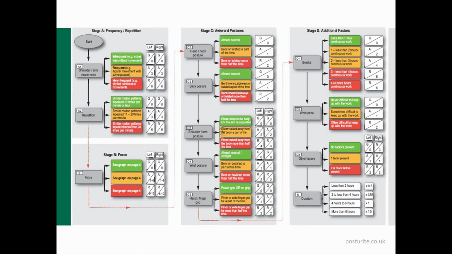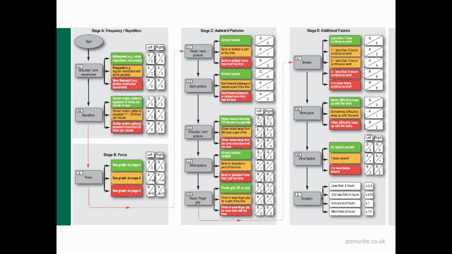So it's looking at the same things as that risk filter was doing in HSG 60, but it is done in a manner where you're able to grade the particular risk that you're looking at in red, amber or green terms, but also to apply to those a score value.